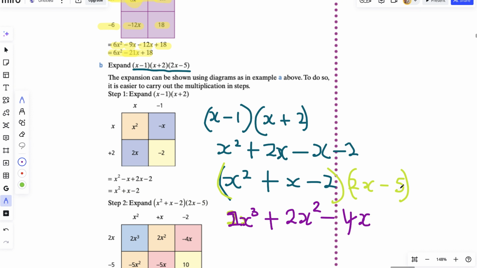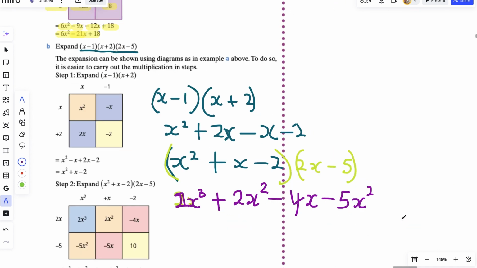Now we're going to take negative 5. Negative 5 times x squared, we have negative 5x squared. This negative 5 multiplied by this first term x squared, we get negative 5x squared. Now let's move on to the next one.